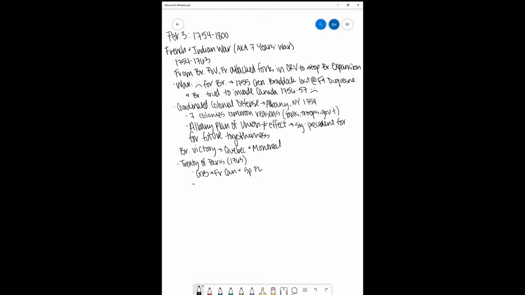And in exchange, because Spain lost Florida, the French then gave Spain Louisiana, Westward Territory, and the Mississippi River as compensation for losing Florida.